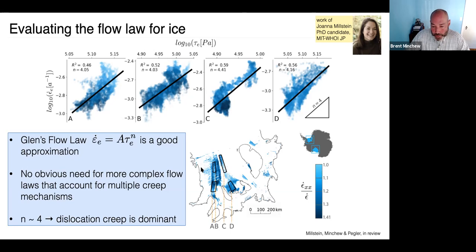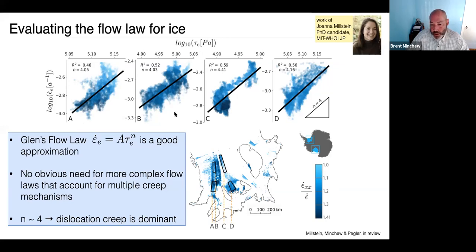So taking a general view of one of these particular areas and just highlighting a few areas for the purposes of our discussion today, and thinking about the relationship between the observed strain rate and the estimated stresses, which are proportional to the local ice thickness itself.